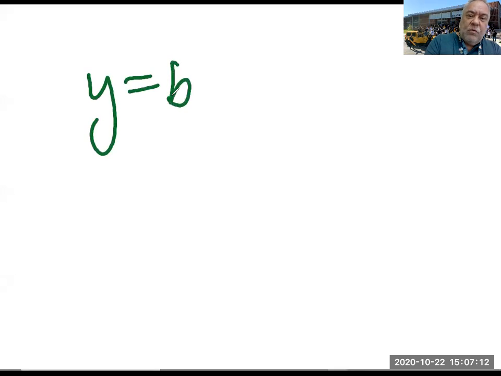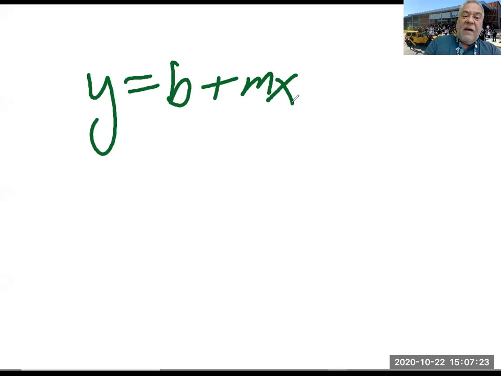By now you should be used to y equals mx plus b. A lot of the time you should really write it y is equal to b plus mx. Even though b is the y-intercept, it's really the starting point, the initial value.